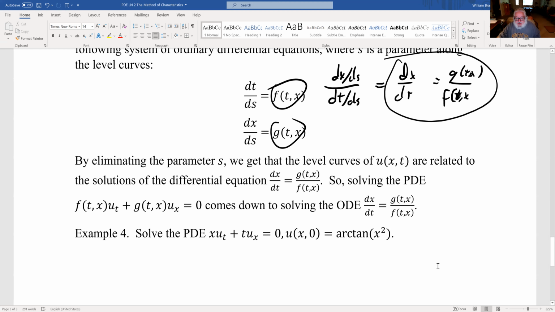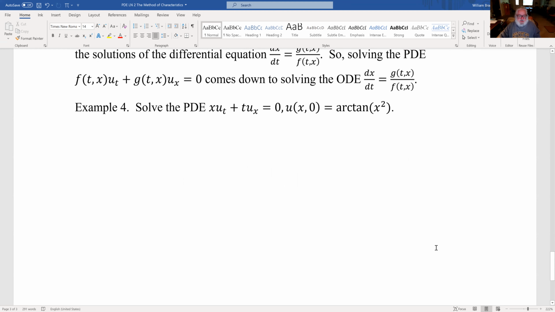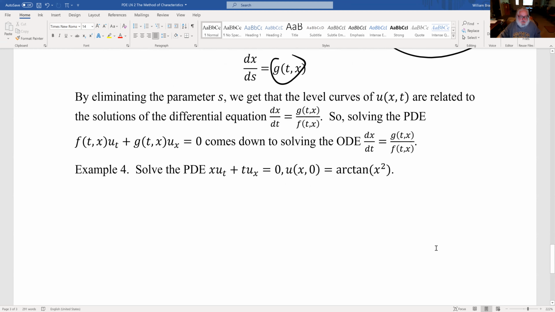And once you get that, then you have a general solution, and you figure out what the initial condition gives you. So, for x u_t plus t u_x, f of t comma x is the coefficient of u sub t, the time derivative, and g of t comma x is the coefficient of u sub x.